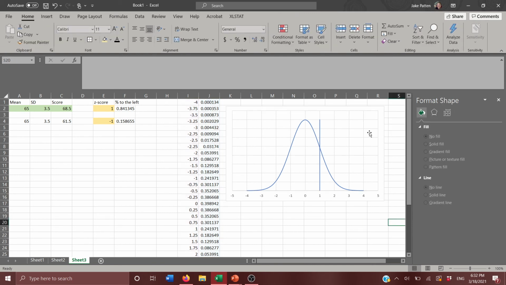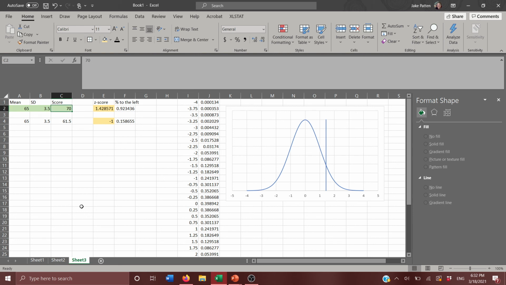So what I'm going to do is change the z-score. Let's put in a different value for the score. What about 70? And there we go. Our z-score has updated to 1.43, and the graph shows us that the z-score has moved to the right a little bit.